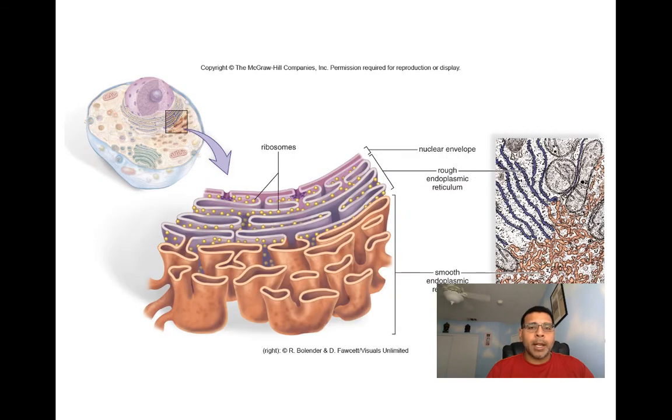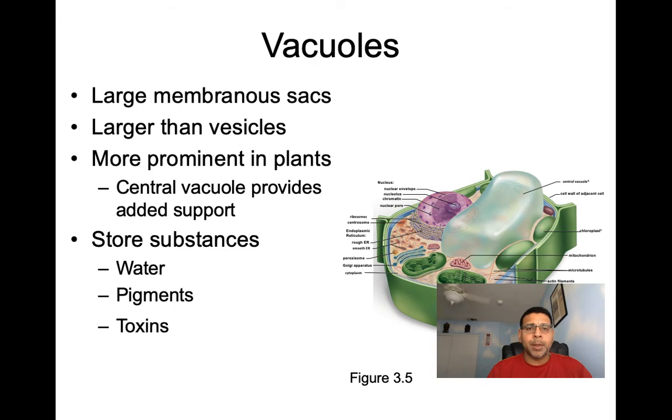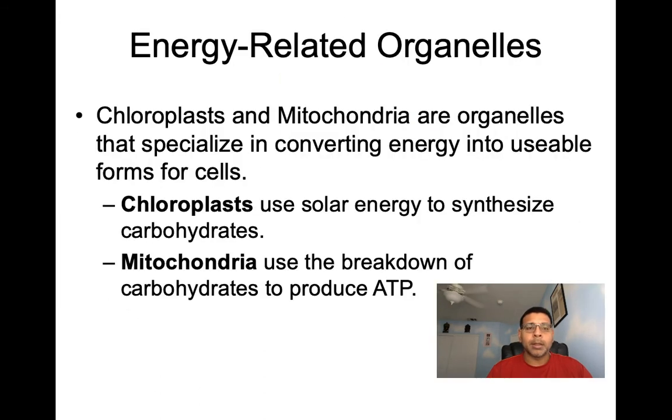Next, let's move down to our energy-related organelles. Now, when we talk energy-related organelles, I want you guys to know many organisms carry out cellular respiration, which is the process by which chemical energy of carbohydrates gets converted to ATP.